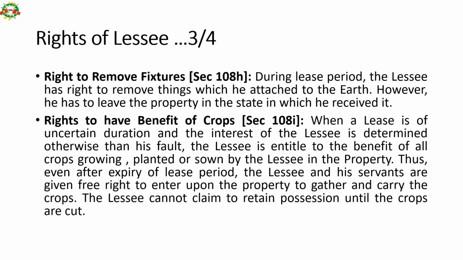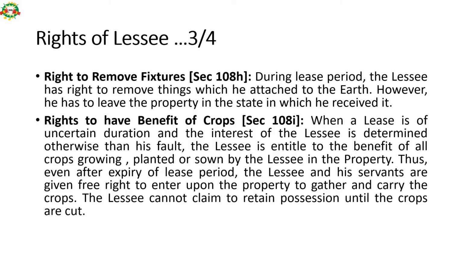Right to have benefits of crop. When a lease is of uncertain duration and the interest of the lessee is determined otherwise than by his fault, determined means closed, terminated, the lessee is entitled to the benefit of all crops growing, planted or sown by the lessee in the property.